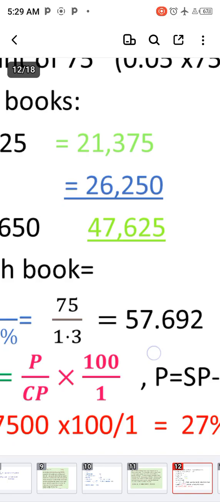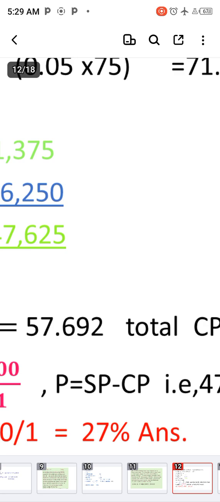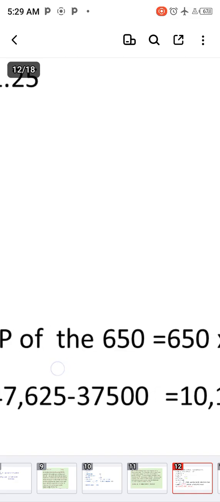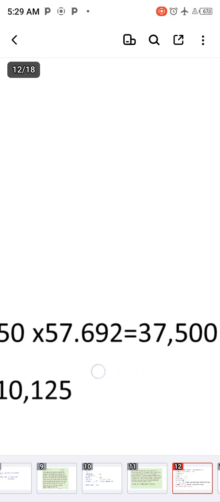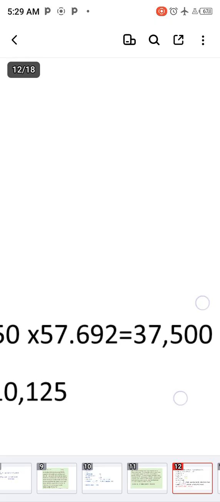Now, what is the total cost of the 650 copies? The total cost now will be 57.692 times 650 copies, which will give us 37,500.